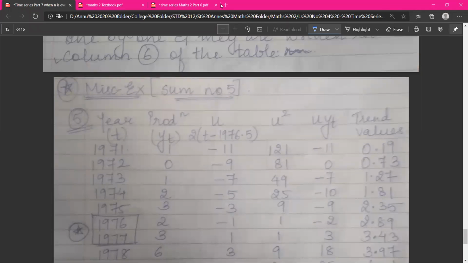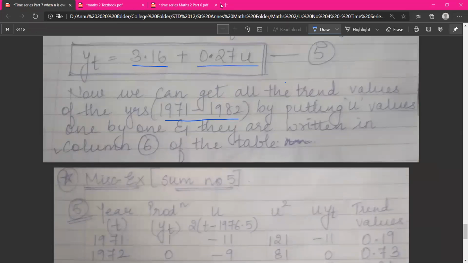Just say first value of u was minus 11. So I'll write 3.16 plus 0.27 into minus 11. So plus into minus, minus will come. So 3.16 में से on subtracting the answer of 0.27 into 11, I get the value 0.19.